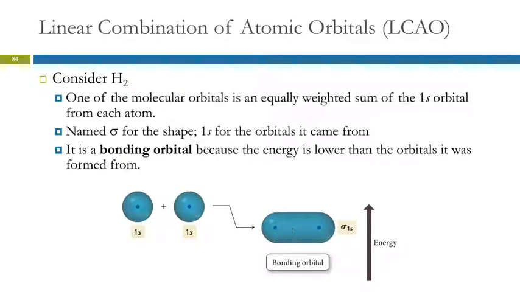This is a bonding orbital because it's lower in energy than the two atomic orbitals that it was formed from. It's called a sigma orbital because of its shape. If you were to look at the end of this, this is sort of capsule shaped. If you looked at it end on, it would be a circle. So just like the sigma bonds we talked about, we use sigma to indicate the shape of this.